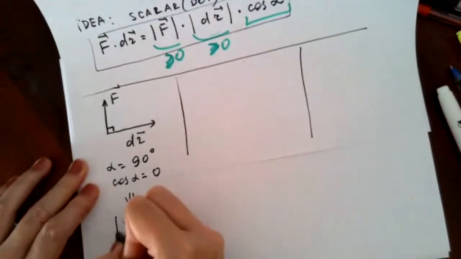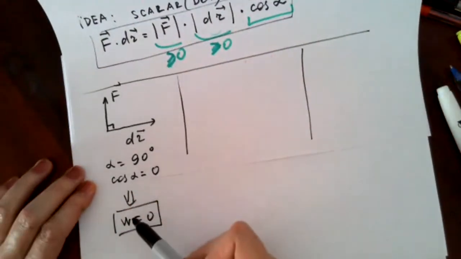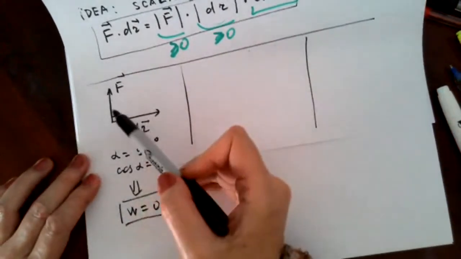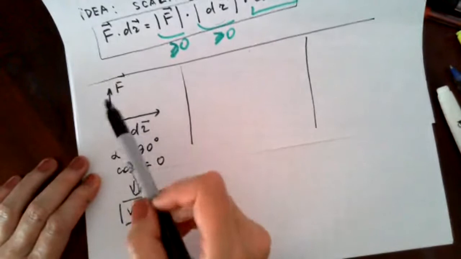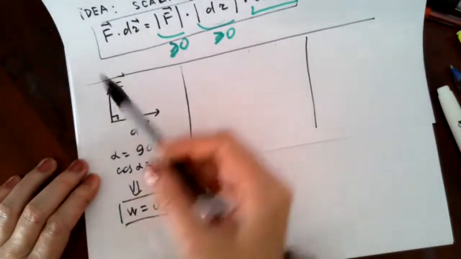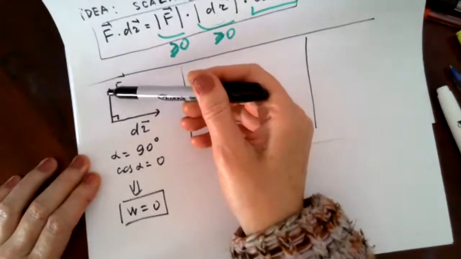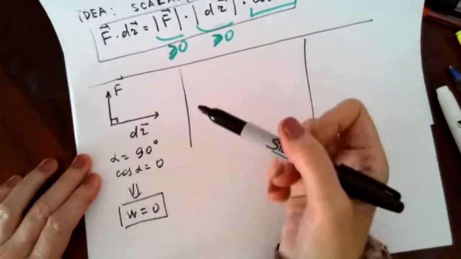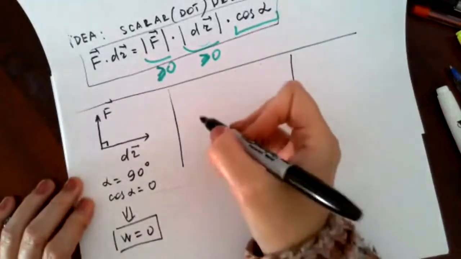So in this case, our conclusion will be that the work being done is equal to 0. So let's highlight it again: if we are traveling perpendicular to the vector field, the work done will be equal to 0.